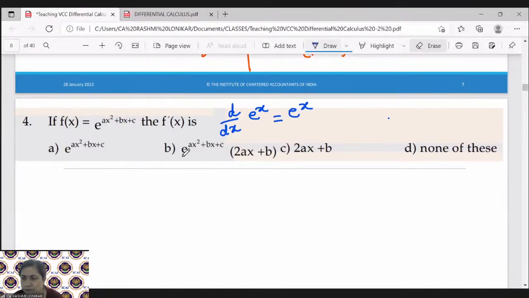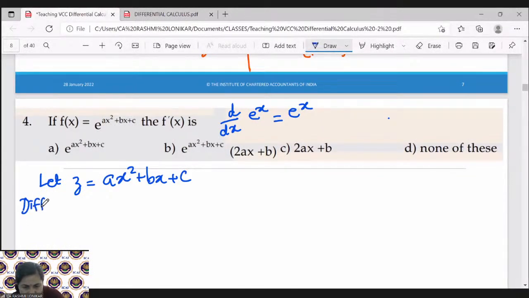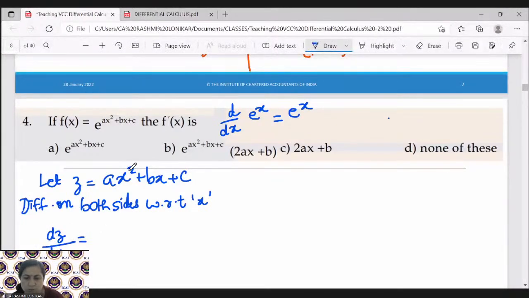So what do I do? I'm going to substitute. I'm going to put let z be equal to ax square plus bx plus c. Now differentiating on both sides with respect to x, we get dz upon dx to be equal to, what will this be?